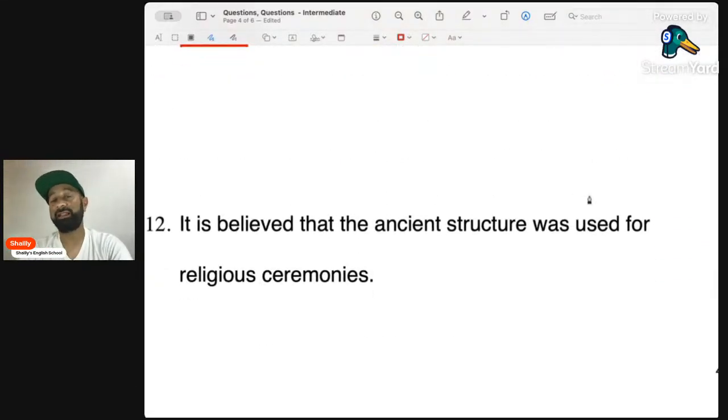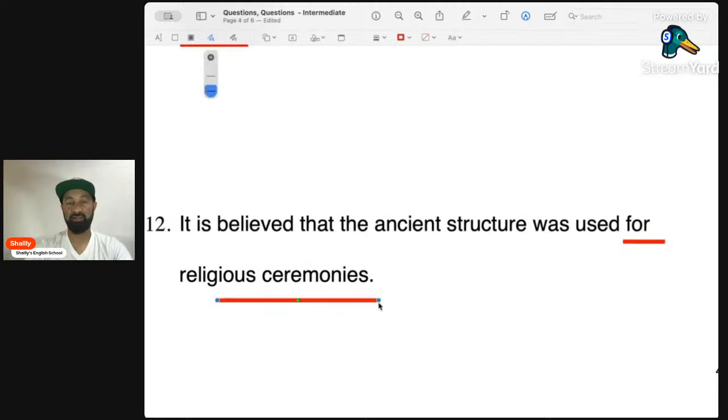It is believed that the ancient structure was used for religious ceremonies. So I would say my answer is for religious ceremonies. So what's the question here?